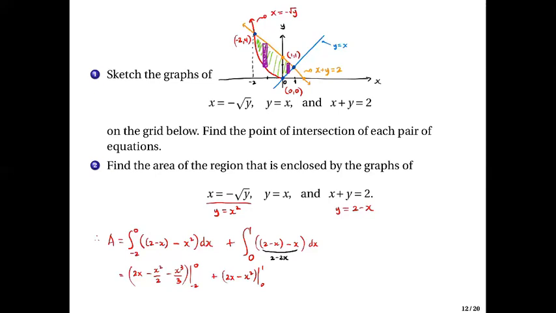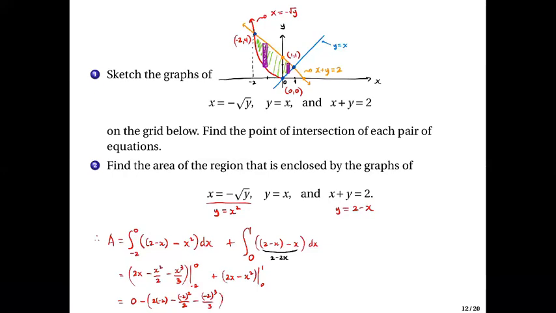Therefore, if we evaluate this, at 0, this is 0 minus quantity. So at 0 here, and then at negative 2 now, we will have 2 times negative 2 minus negative 2 squared over 2 minus negative 2 cubed over 3.